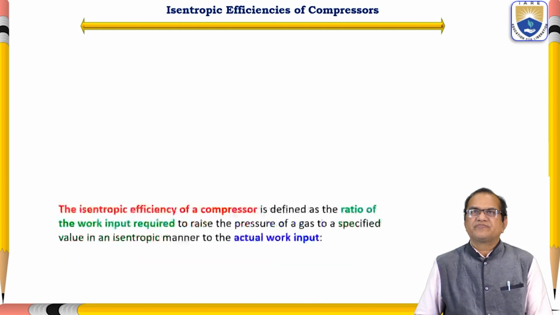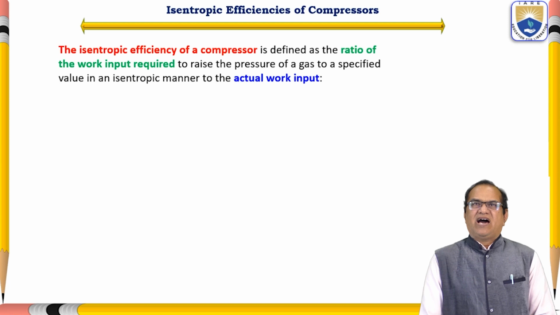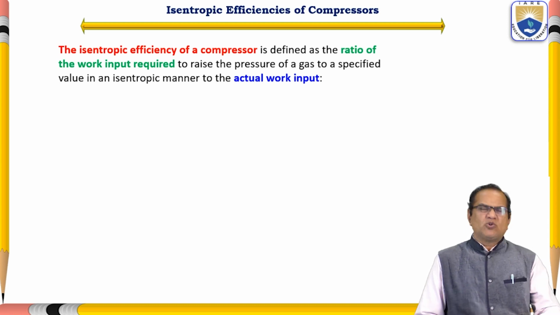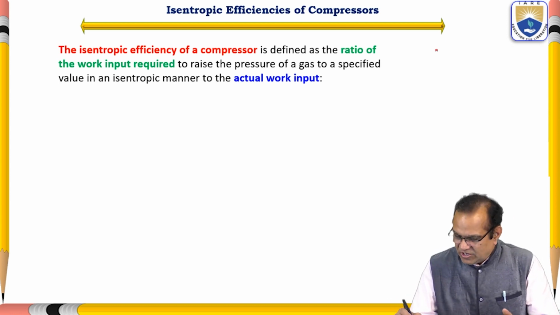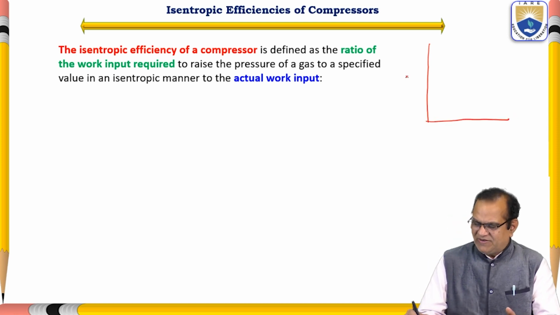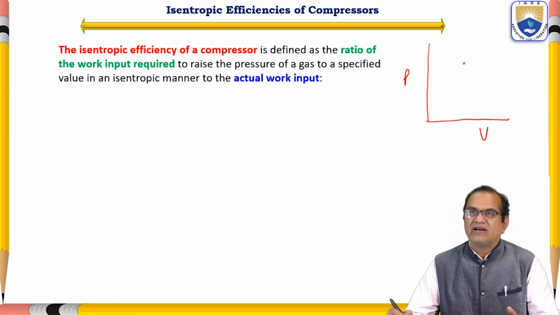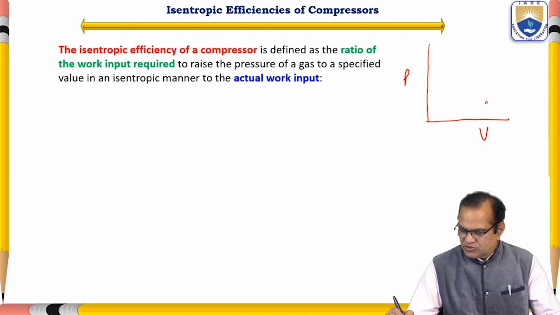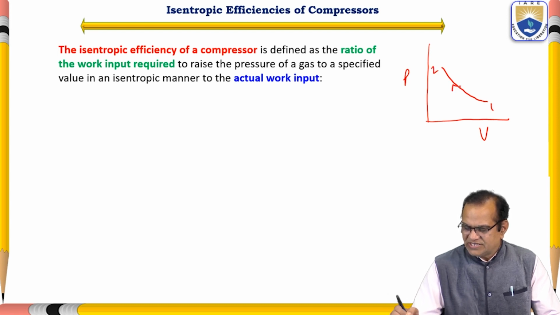So in this we can see the isentropic efficiency of the compressor. So what is the meaning of isentropic? You see that whenever we have discussed a PV diagram of the engines, 1 to 2 is the isentropic compression.